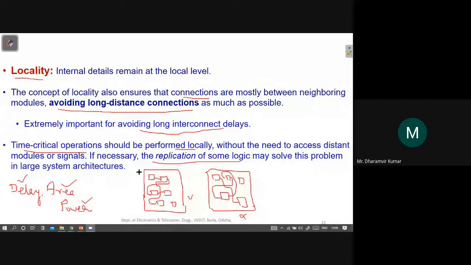So these are some things which will become clear as we move further. But as for now, the locality principle says that the connections should be mostly between neighboring modules as much as possible.